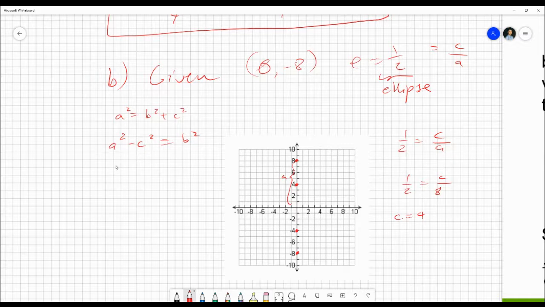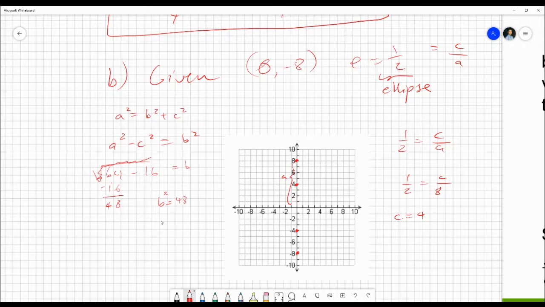My A value here is 8, so 8 squared is 64, minus 16, and the root of that will give me my B. Actually, let's just keep it squared, because we need this. So B squared is 48.